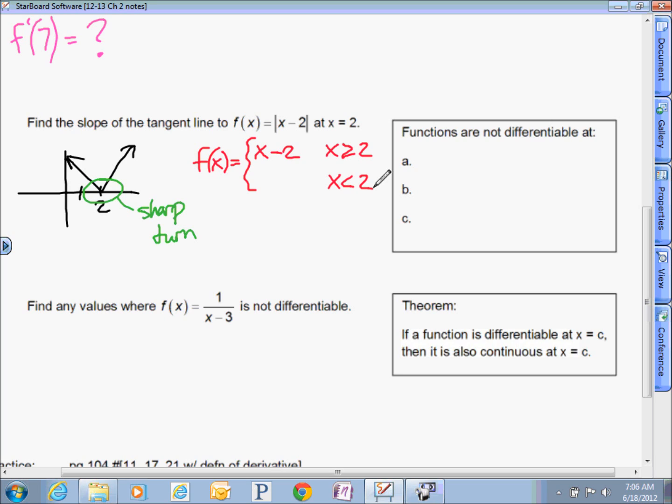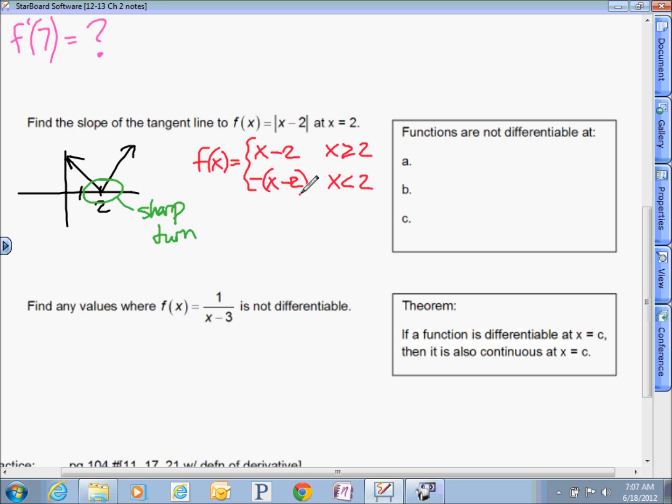So that is the opposite of the quantity x minus 2. I could do the definition of the derivative on either side. Long story short, I have two completely different functions, and they're going to abruptly change at x equals 2.